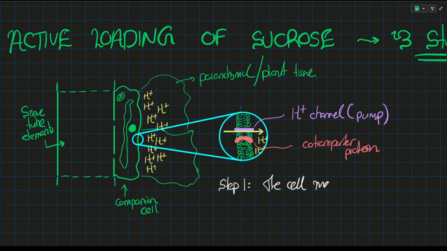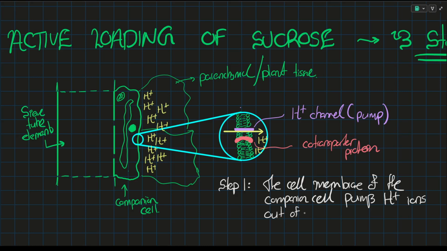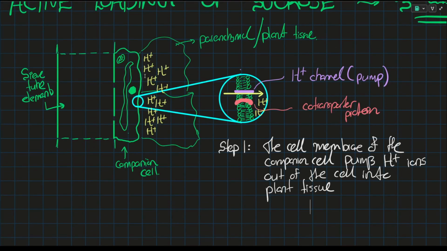The cell membrane of the companion cell pumps H plus ions out of the cell, out of the companion cell, into plant parenchymal tissue. I'll call it just plant tissue. Okay, that's the first step. It's very easy to understand, right?